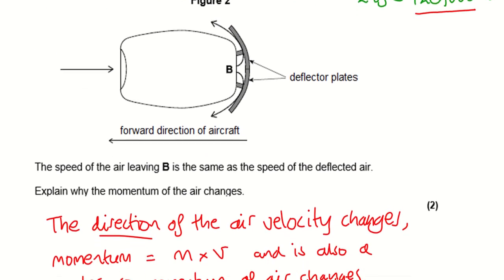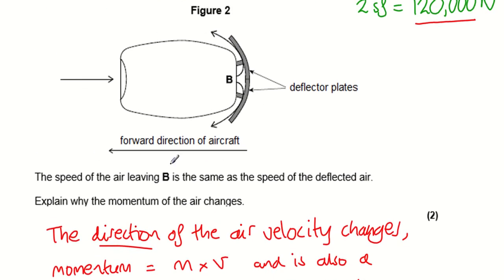Right, and so here we have the speed it's leaving, notice the use of that word speed, not velocity. It's the same speed coming out at B. So it doesn't actually slow down going from there to there, it's just deflecting off, so it's still going at the same speed when it's come out there.